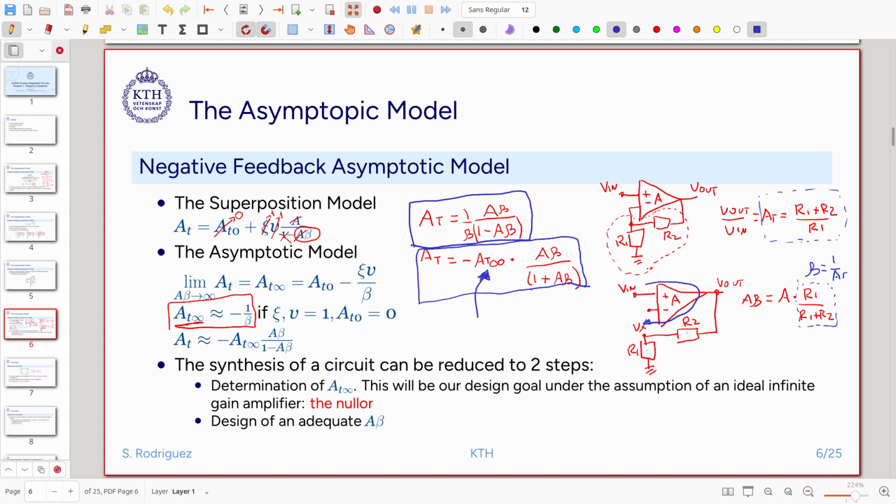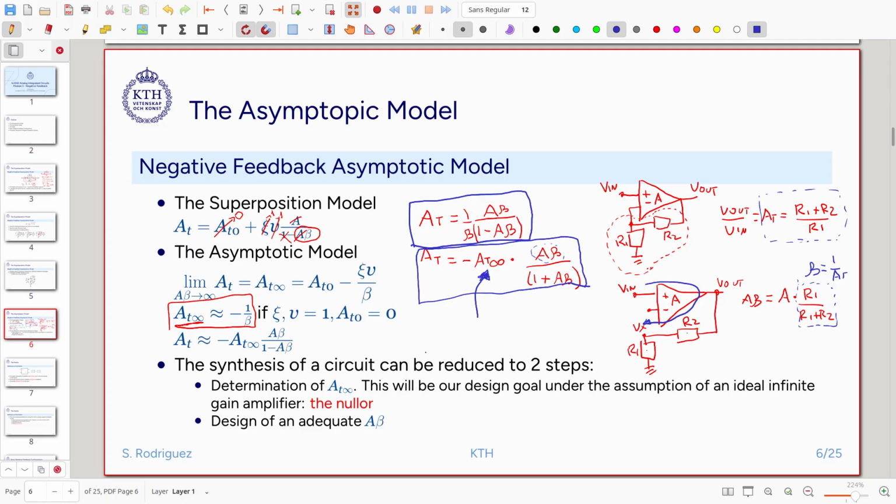And afterwards I will need to find how to implement a beta, that is, how to implement the amplifier. That will be the second step, so that we have an adequate beta value that introduces very low error, or, as we call it a little bit differently, doesn't introduce inaccuracies, so we have a high accuracy. So I will have to decide how good my amplifier has to be in order to introduce low inaccuracies.